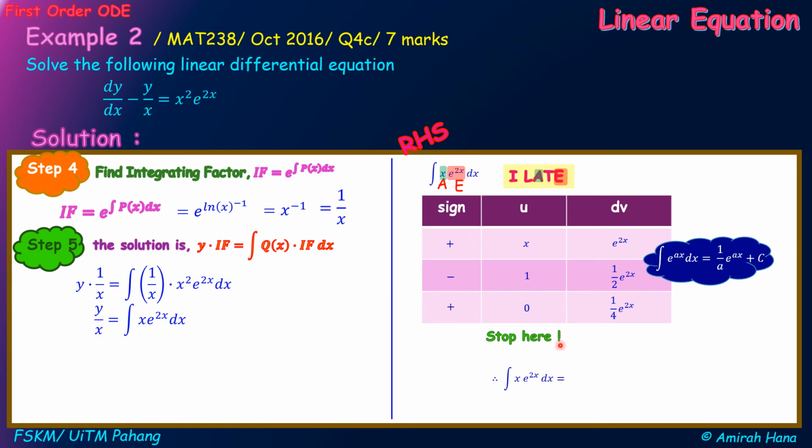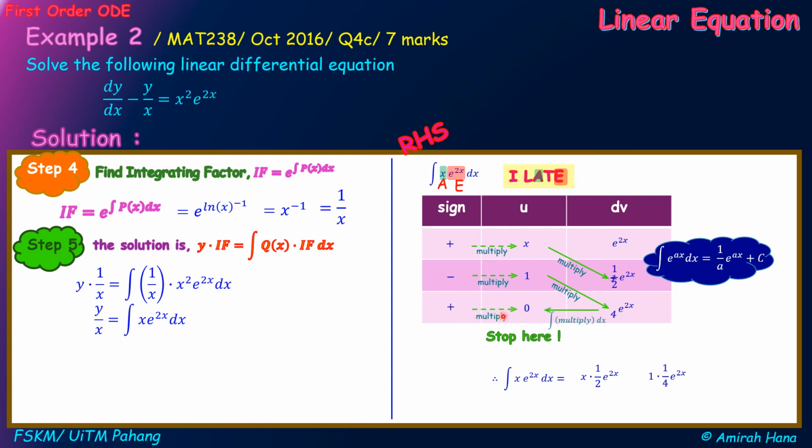After that, we can write the integral of x e to the power of 2x dx equals, we multiply x and half e to the power of 2x. So we get this. Then we multiply 1 times 1 over 4 e to the power of 2x.